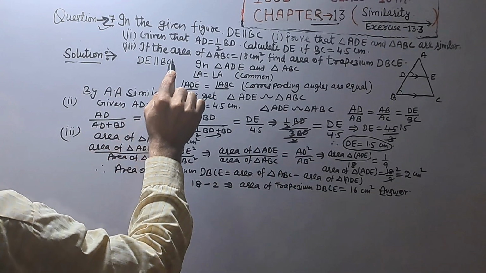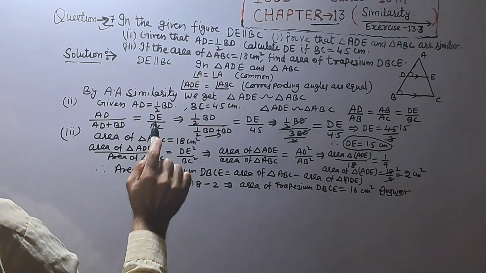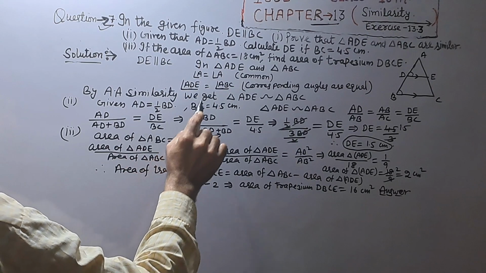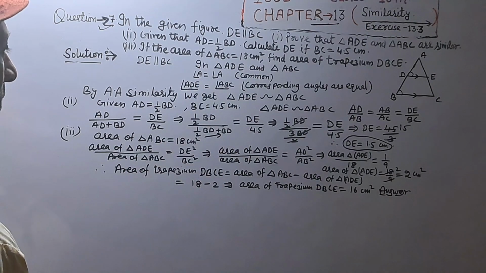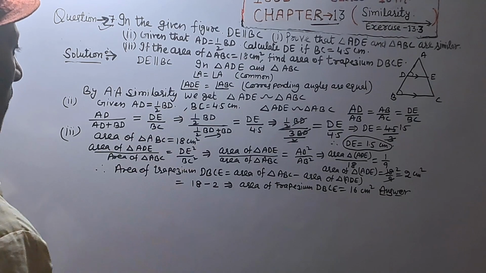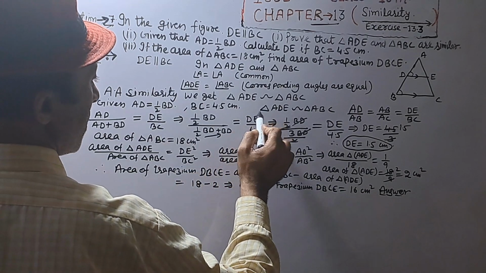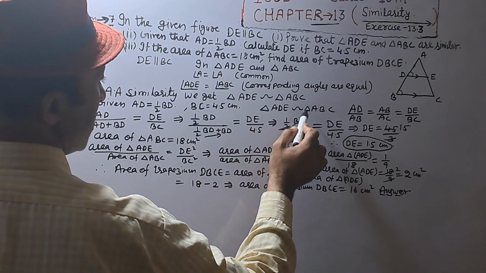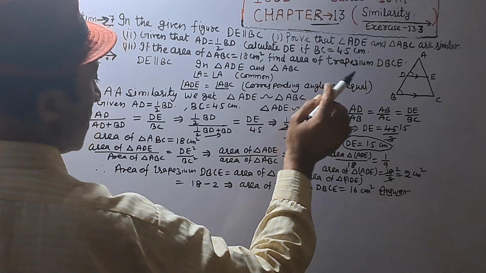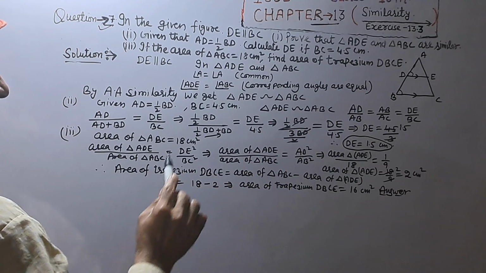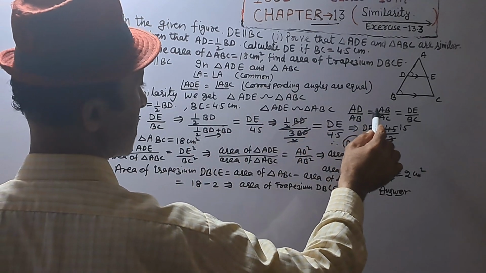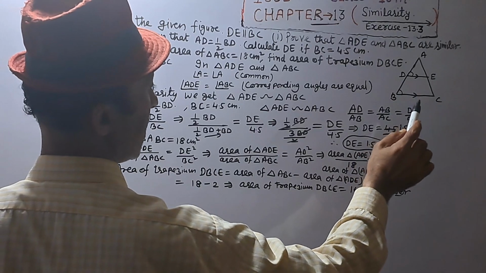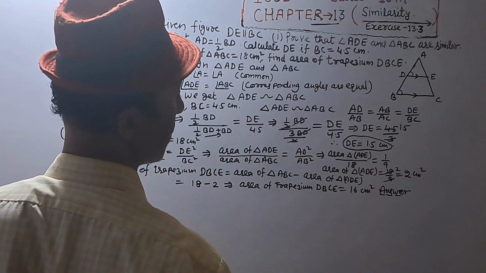And given AD is equal to half of BD, BC is equal to 4.5 centimeter. Triangle ADE is similar to triangle ABC, then their corresponding sides are equal. AD upon AB is equal to AB upon AC is equal to DE upon BC.